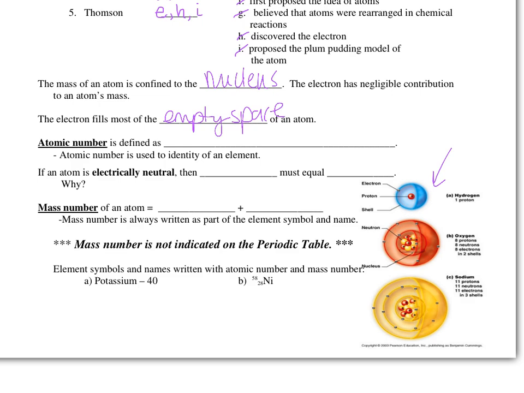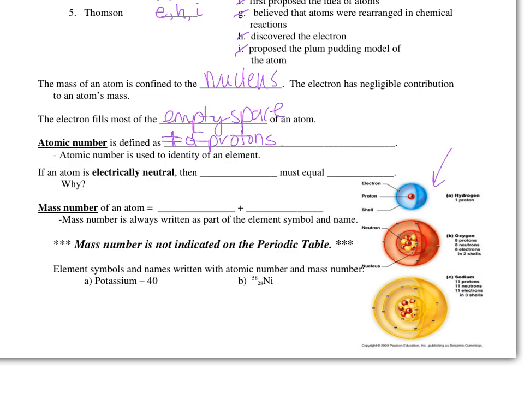And that is based on the atomic number. The atomic number is actually the number of protons that are found inside the nucleus. Every element has a set number of protons that we use to identify it. So the atomic number can be used to identify which element it is.